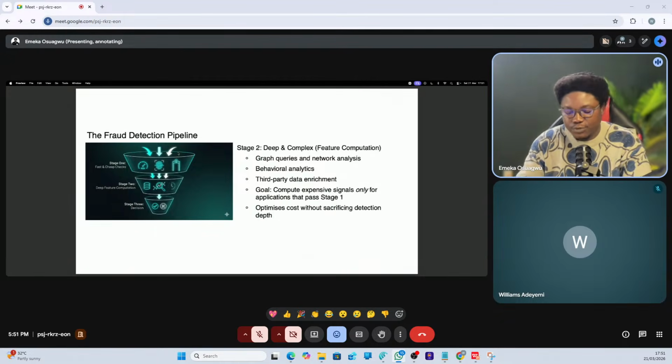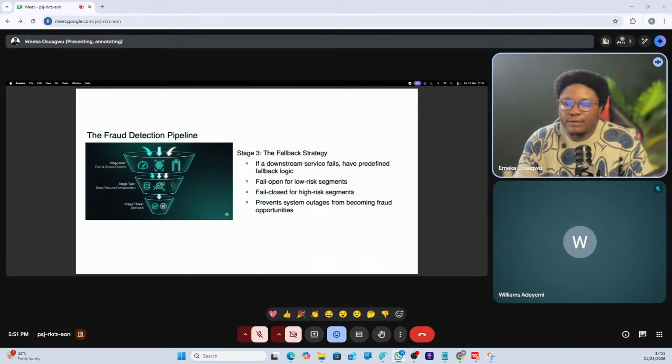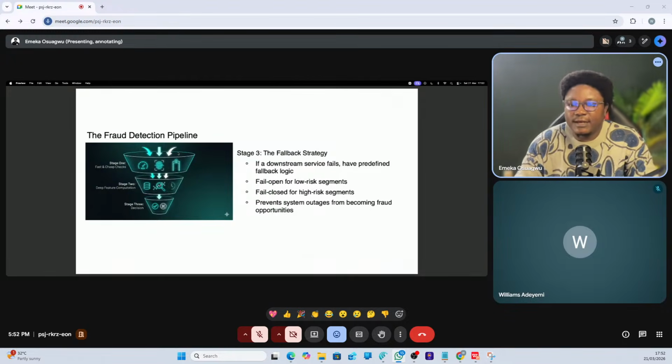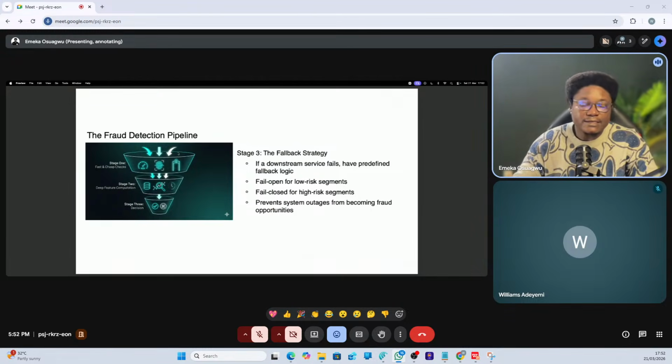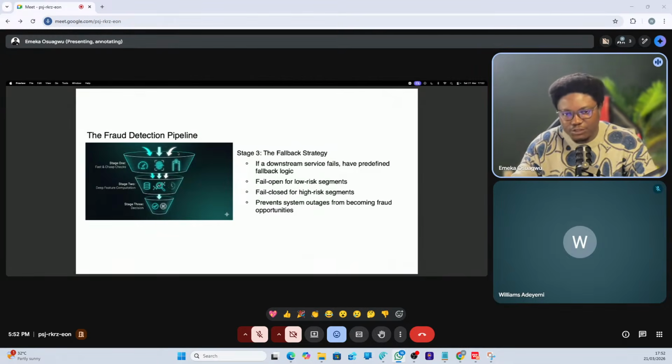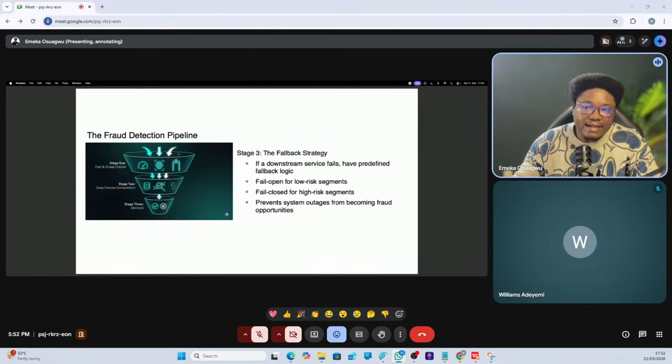Okay, moving on to the next phase, which is the fallback strategy. Building a pipeline is great, but every system is always subject to downtime, failover, or unavailability. The question then is, how do we build a fallback strategy that helps us retain information about what we've gathered so far?